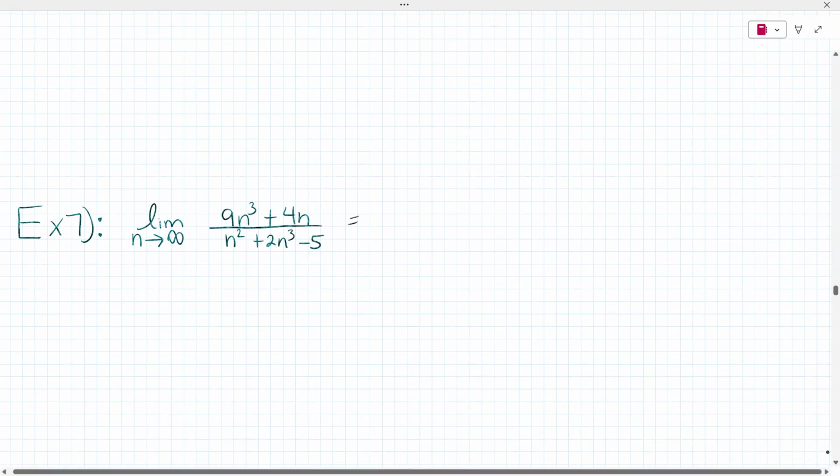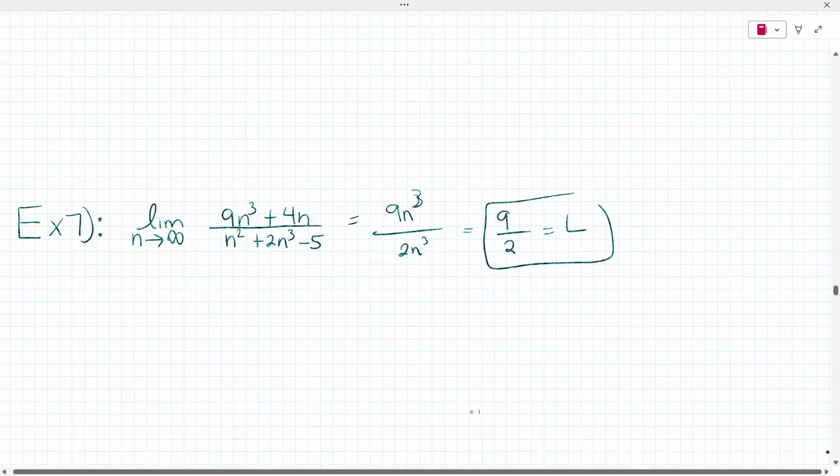The numerator's highest term is 9n cubed. The denominator's highest term is 2n cubed. What you can tell about these powers is they are the same. So that means your limit is the ratio of the coefficients. So your limit is going to be 9/2. Okay, I think you have the idea how to do the work. You basically divide each term by the highest power, and then you plug in infinity for n. So I'm going to skip that step and just move on.